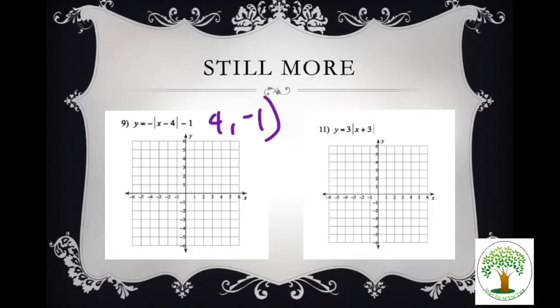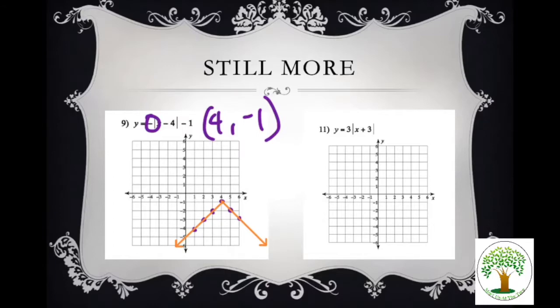I'm going to plot my 4, -1, which is right there. But because of that negative, we're not going to come up this way. We're going to go upside down. So we're going to come down here, here, here, here, down. So we have a negative slope for those, or an upside down.